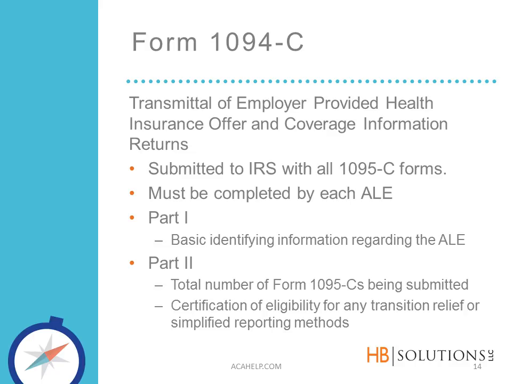In this section, employers must also certify whether they're eligible for any form of alternative simplified reporting or transition relief. And this section also contains a part where a representative of the employer must attest under the penalty of perjury that he or she has examined the form and all attached 1095-C forms and believes their contents to be true, correct, and complete.